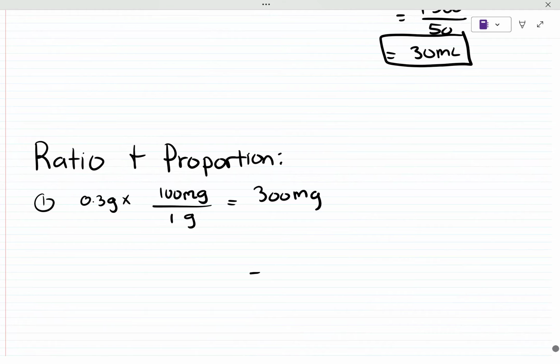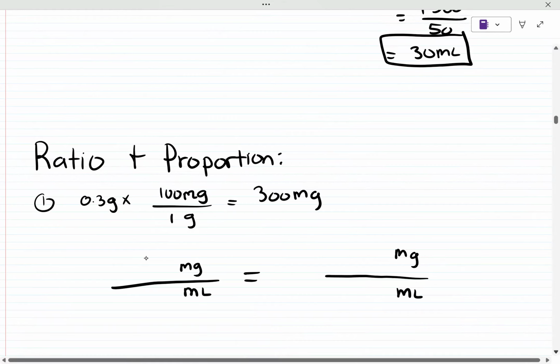Now we can set it up as a ratio. Put milligrams on the top, milliliters on the bottom. Our availability was 50 milligrams for 5 milliliters, and this is going to be 300. We started out with 300, right?